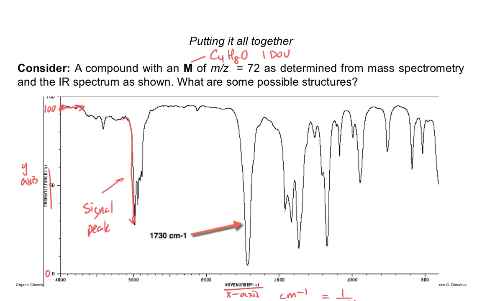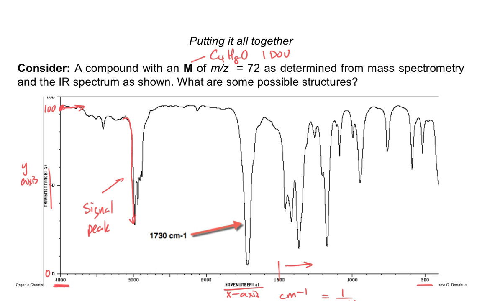What I first want to say is the wave numbers run from 4,000 on the left to about 500 on the right. At 1500 and below, you don't have to worry about that. So anything below 1500, you see there's a lot of signals here.